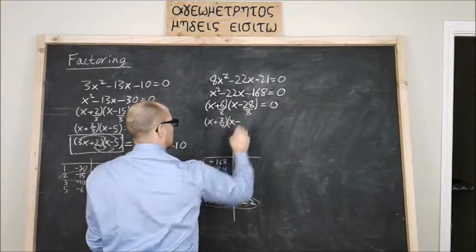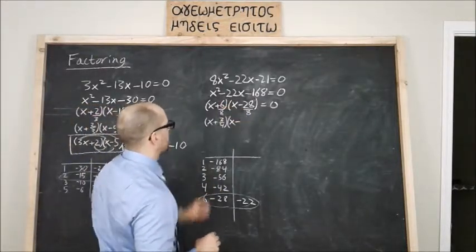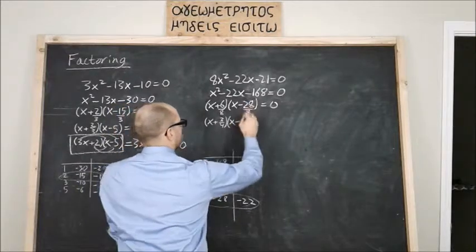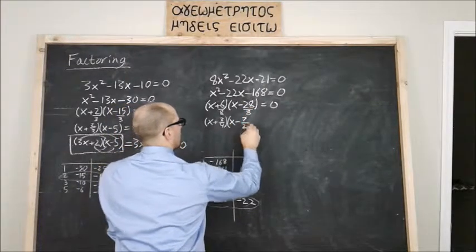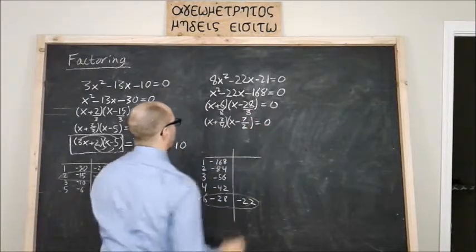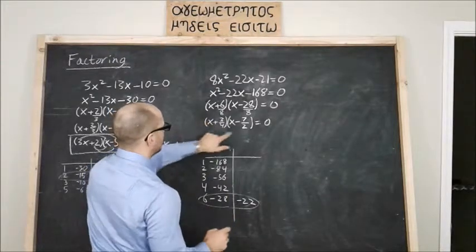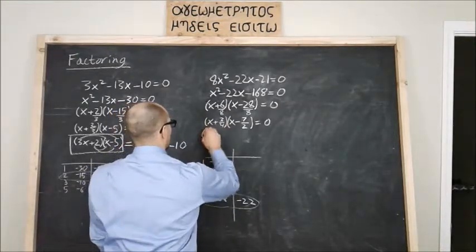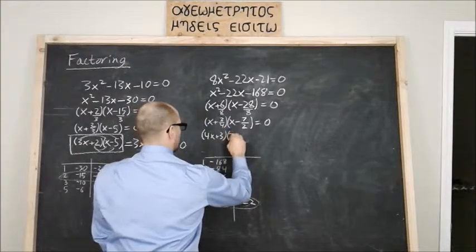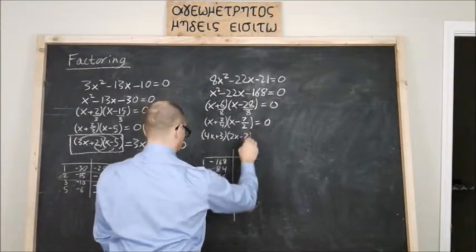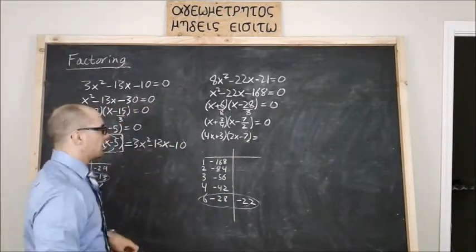Again, 28 and 8 are both divisible by 4. 28 over 4 is 7. 8 over 4 is 2. All right, clear out my denominator. Bring the 4 up with the x and the 2 up with the x. I get 4x plus 3 times 2x minus 7. So that's my factorization.